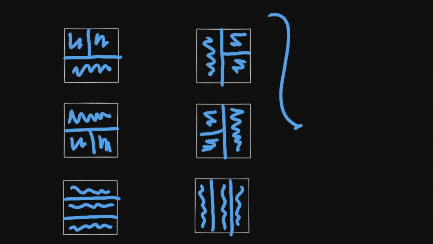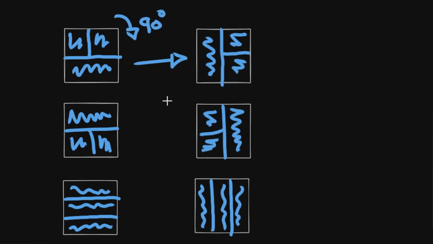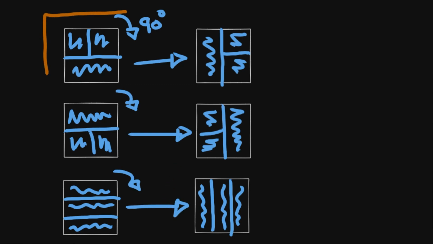And there's one big observation to make here. If we rotate this 90 degrees to the right, we get this distribution. Similarly, if we rotate this, we get this distribution, and if we rotate this, we get this distribution. So we can build a function to try each of these 3 distributions.